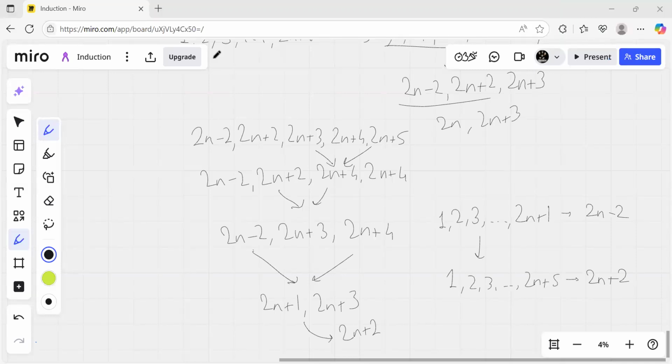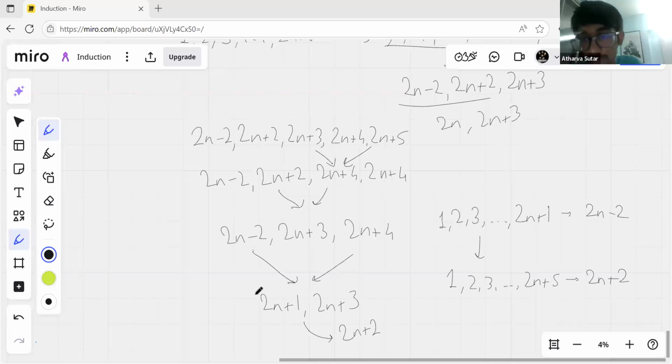Where did 2n plus 3 come from? Your voice is a bit unclear. Could you type it?